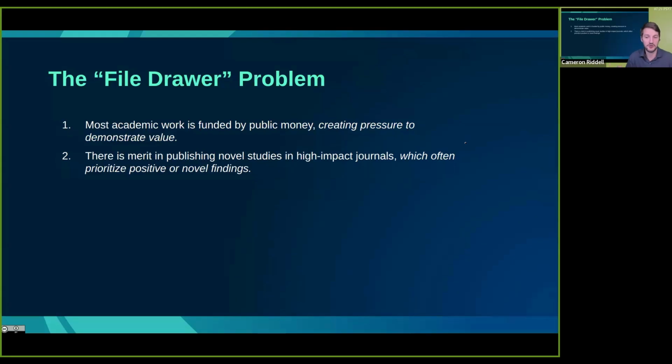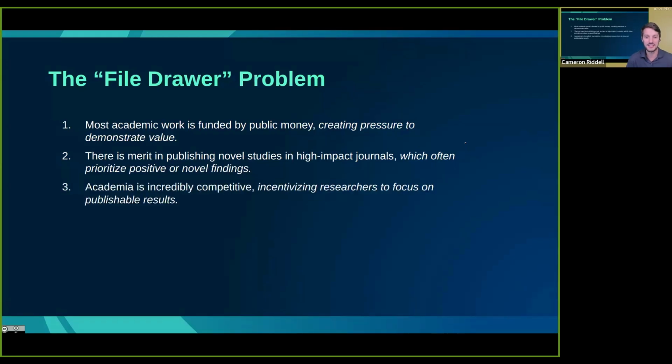And so in our current application of science, in our current closed science system, there is merit in publishing these novel studies, something that nobody else has done before, because this increases the chances that we get our publication into high impact journals, and having publications in high impact journals is going to incentivize us to focus on publishable results.